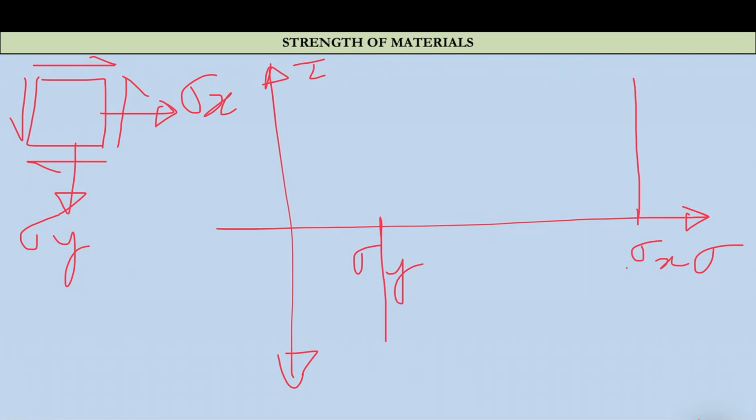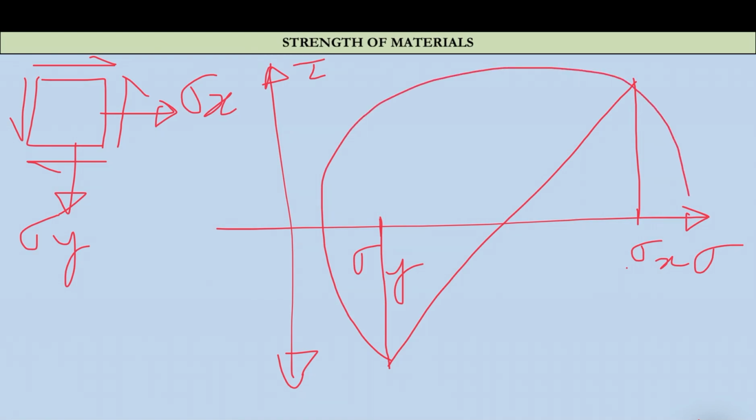You can now decide the direction of tau, whether it will be taken as positive or negative, depending upon the rotation of that element by that particular shear. Now we have this, just join this, and if this is the diameter, then the circle will look like this. It is not looking like a circle, but try to assume it is a circle.